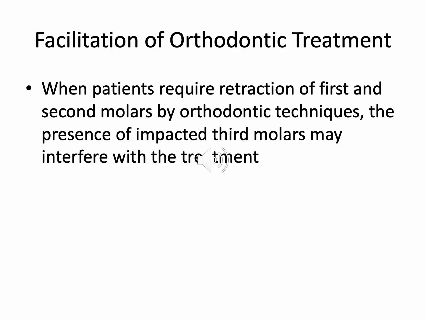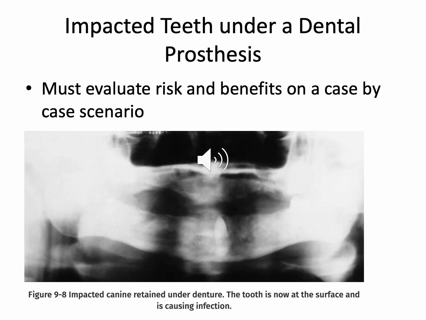Orthodontists will often request that we extract the third molars to facilitate their orthodontic treatment plan if they're distalizing the second molars. They simply need the space. Impacted teeth under a denture, you could evaluate this in a case-by-case scenario. Which tooth, how close to the oral cavity, how healthy is the patient. Certainly in some scenarios it absolutely makes sense.